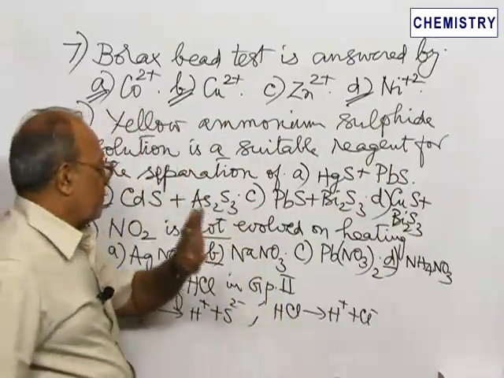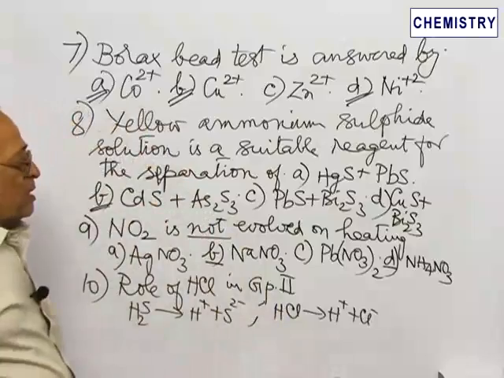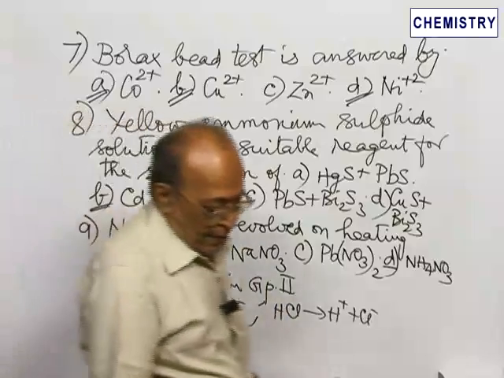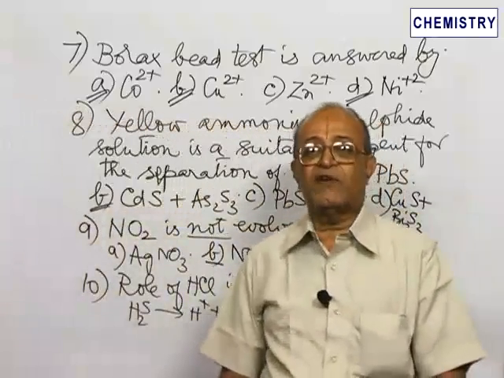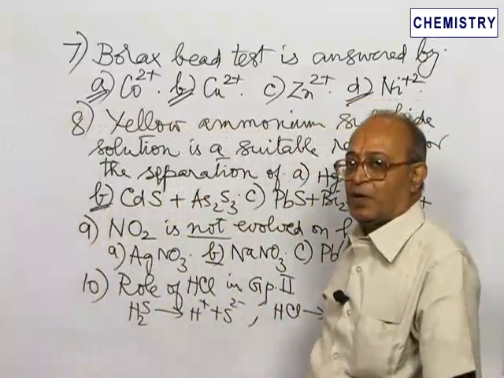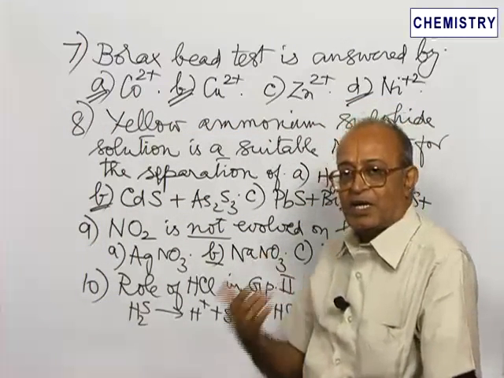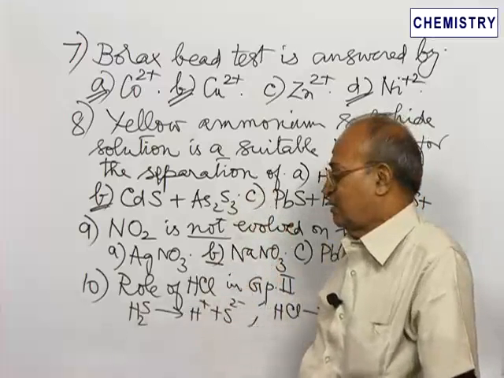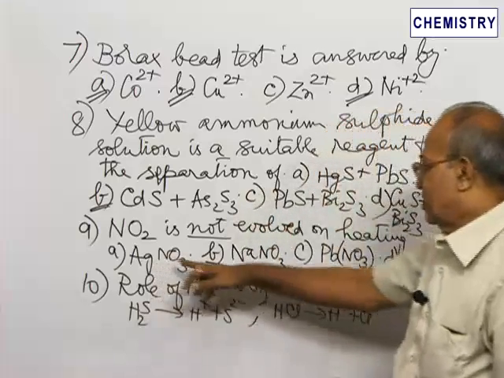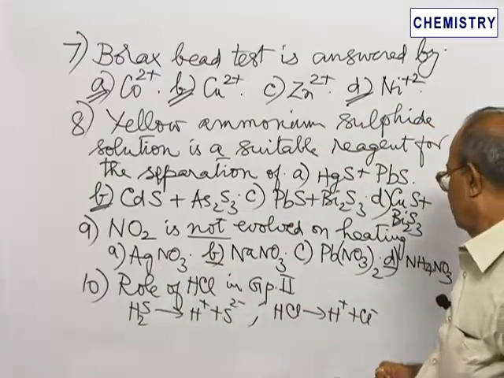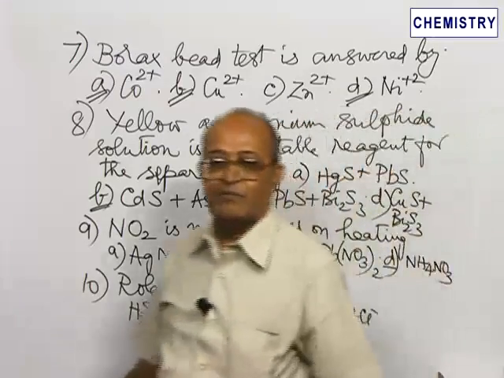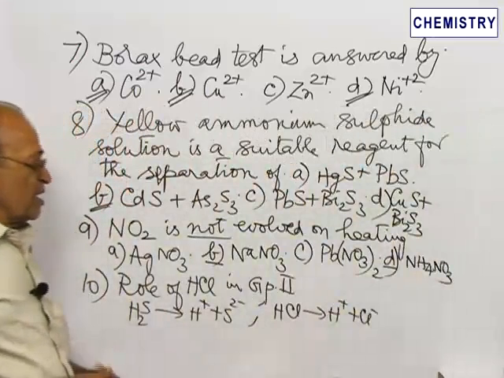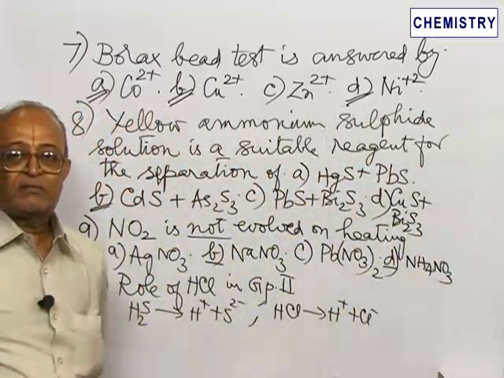Come to 9. Now, this question is based on the fact that even though we consider several salts containing the same acid radical, consider A, B, C, D, all four answers are nitrates.